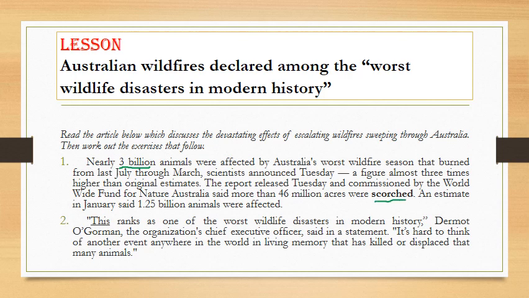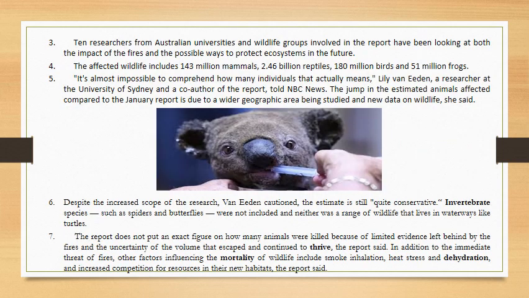An estimate in January said 1.25 billion animals were affected. This ranks as one of the worst wildfire disasters in modern history, Dermot O'Gorman, the organization's chief executive officer, said in a statement. It's hard to think of another event anywhere in the world in living memory that has killed or displaced that many animals.